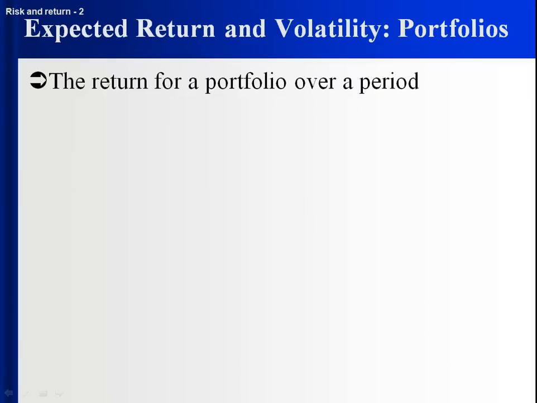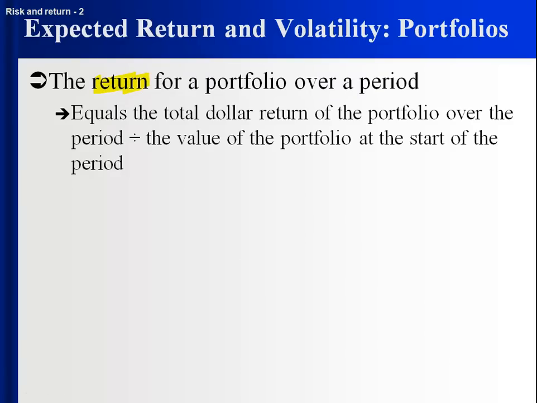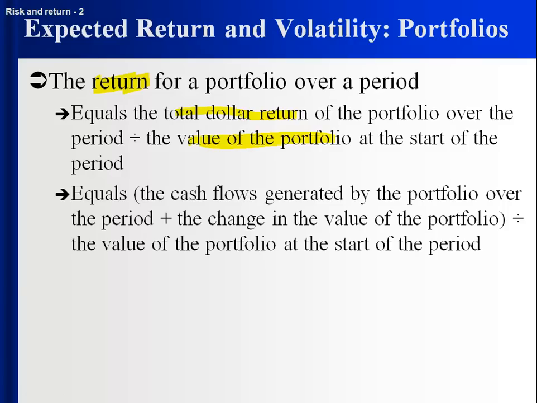What is the return for a portfolio? Well, conceptually, it's the total dollar return over the period divided by the portfolio value at the start. And what's the total dollar return? It's the cash flow generated by the portfolio. So if the portfolio has, let's say, stocks and bonds, it would be all the coupon payments, all the dividends.